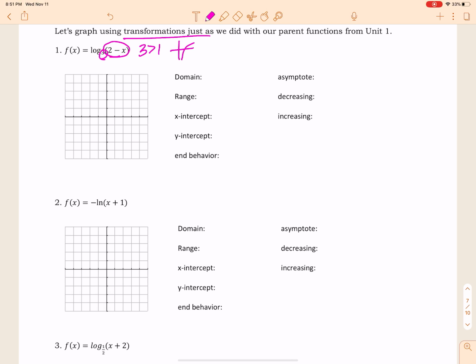But now, if you'll notice, we've got some transformation happening here. We essentially have negative x plus 2 right here. So that indicates to me that I am going to reflect across y. And this means that I am actually moving right 2, because if I set it equal to 0 and solve, I end up subtracting 2 from both sides, and then x equals positive 2.